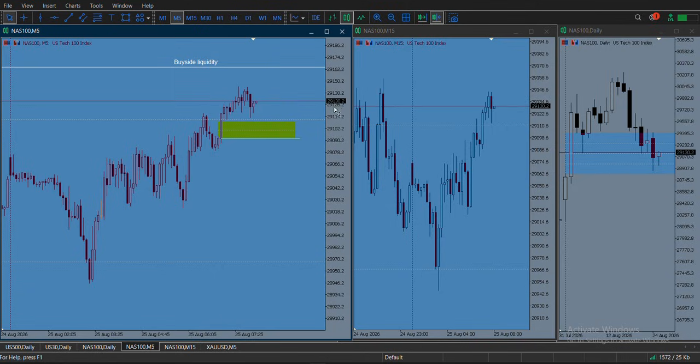So we're up high at 129, 130s, and we've opened up that 8 o'clock candlestick here.